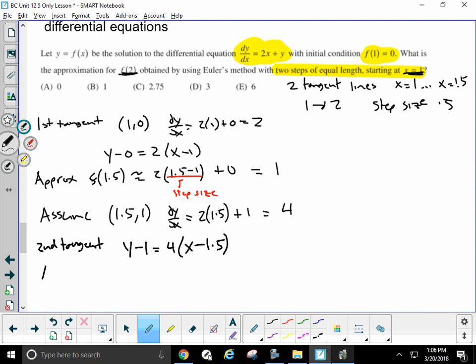I'll use that second one to approximate f of 2. 4 times 2 minus 1.5, which again is the step size 0.5, plus 1. So 4 times 0.5, that's 2, plus 1, that's 3.